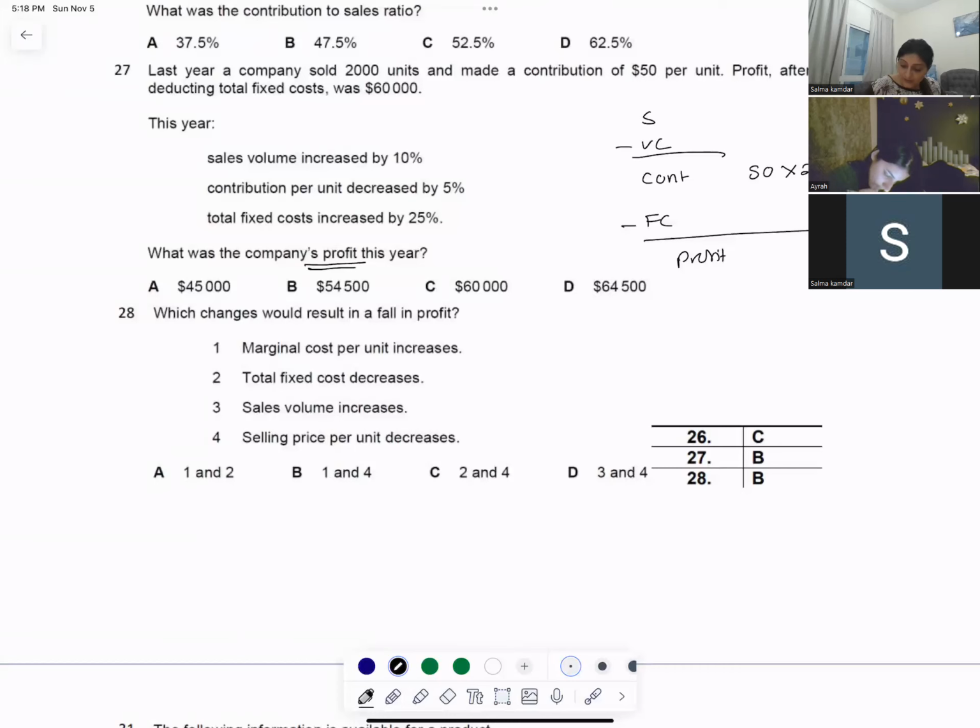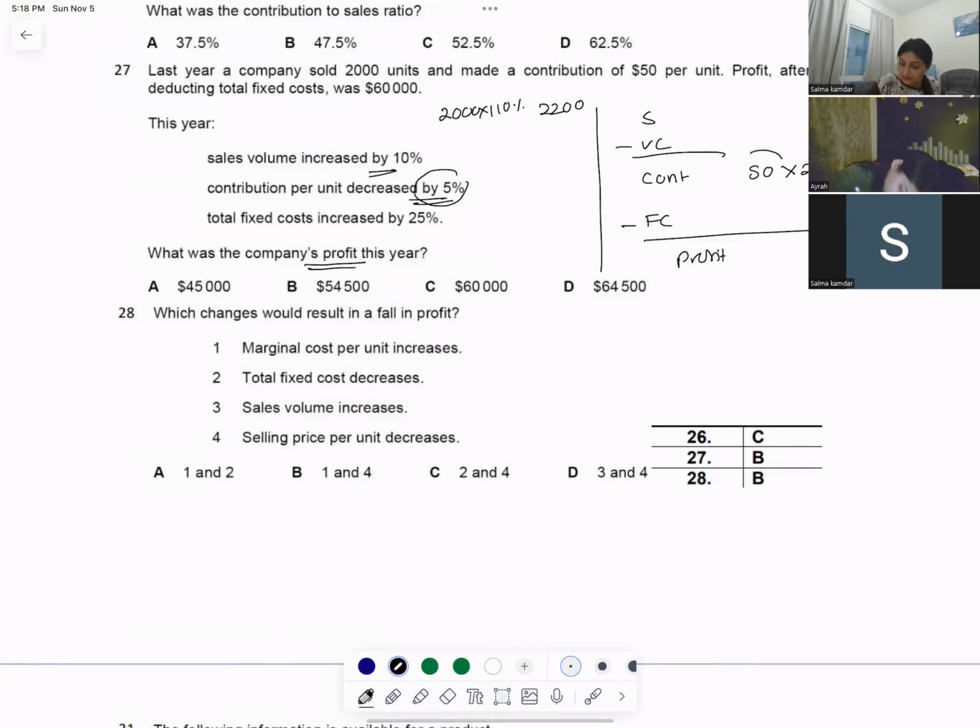Sales volume increased by 10%. So what is the new sales volume? 110% of 2,000. So 2,200 units. Contribution per unit decreased by 5%.